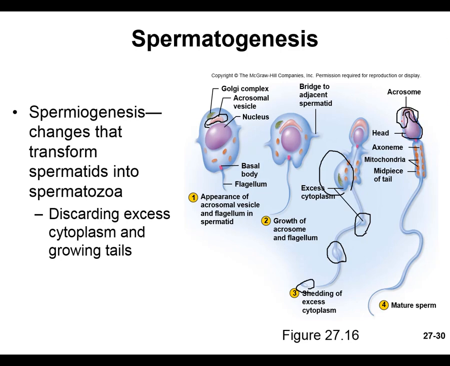We want the nucleus to get inside of the egg for fertilization, and the acrosome is important for eroding away the cell membrane and getting that nucleus inside of it. We also see gobs of mitochondria, and this is showing the mature sperm and the tail. So those are some of the key features of the spermatozoan.